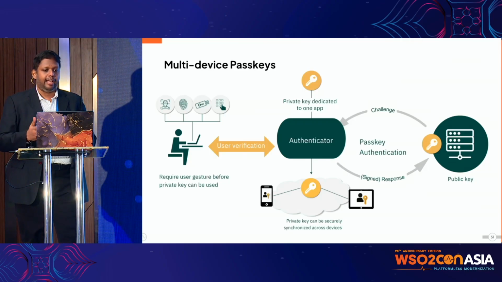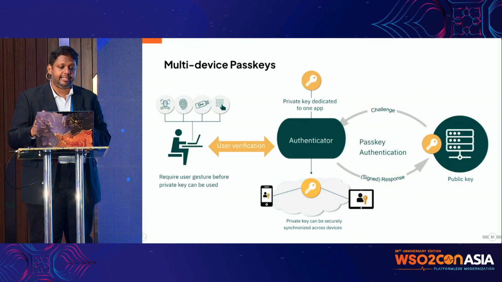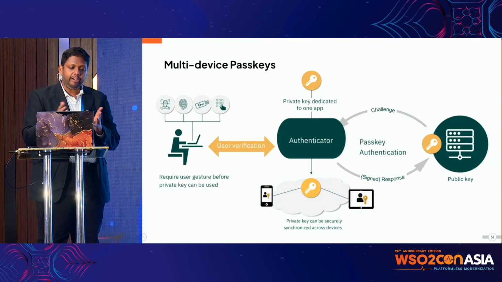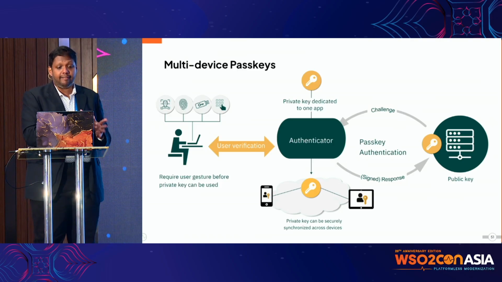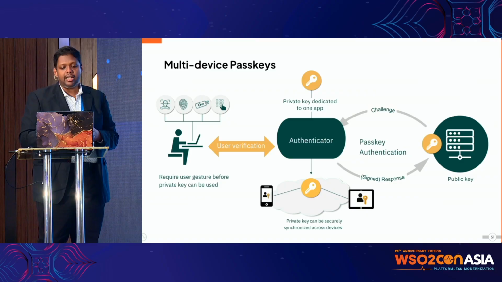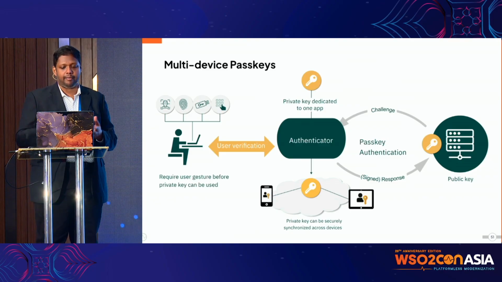And then I said the keys are specific to the device and the service. Later on, they introduced multi-device passkeys, which adds a little bit more convenience, but it's not as secure as the device-bound passkeys. With multi-device passkeys, you have this ecosystem of services, like Google and Microsoft and Amazon and everything.